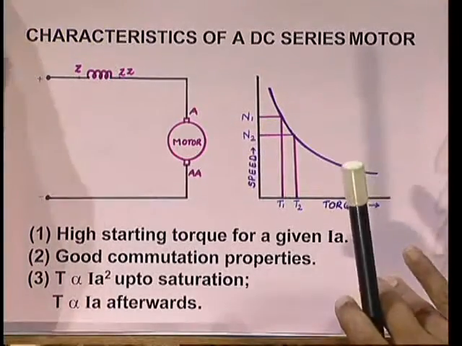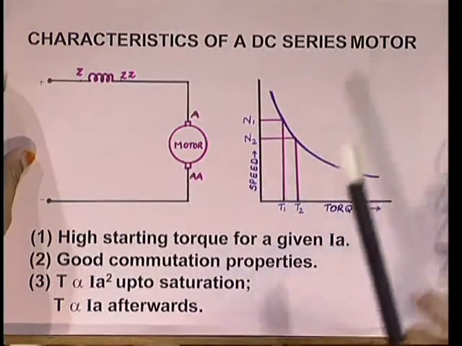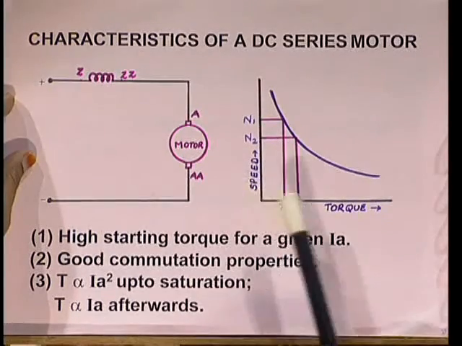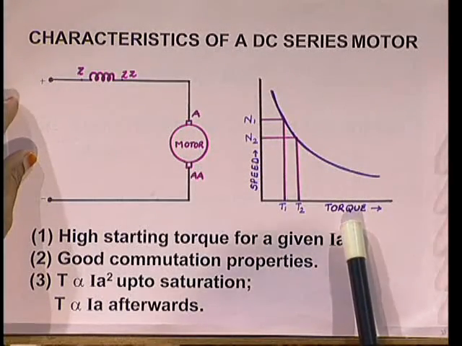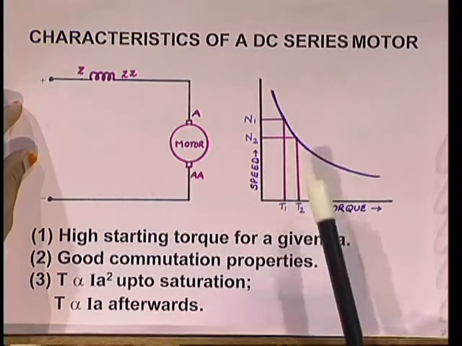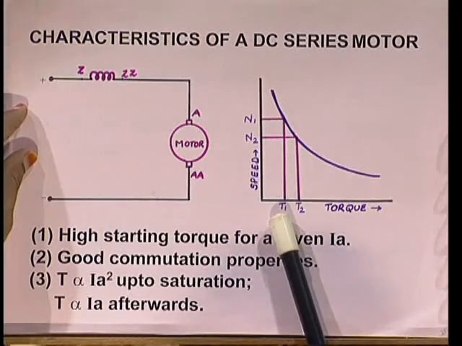Now we will just have a look at the various characteristics of the DC series motor. When we draw a curve between the speed and the torque, we see that when the speed is less, the torque is more, and when the speed is more, the torque is less.